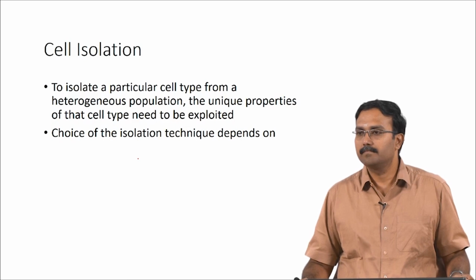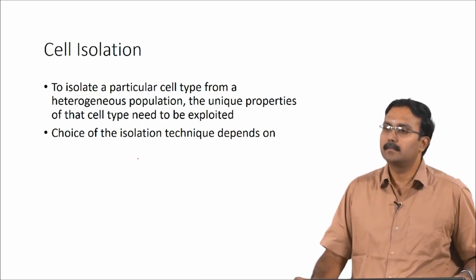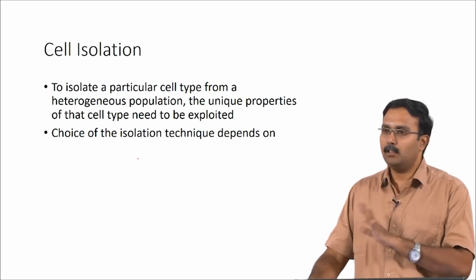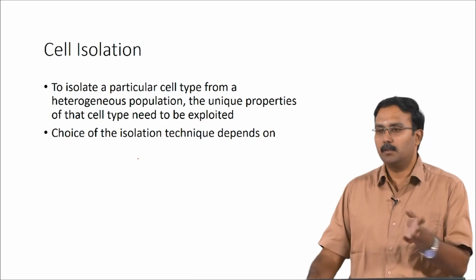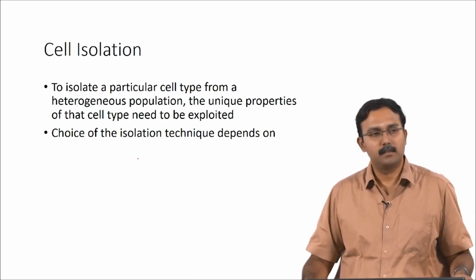The type of product we finally want. Okay, what do you mean by that? Depending on the final, I guess, you mean the application or the product? Application. Okay, so what you are going to use the cells for, okay. Anything else?